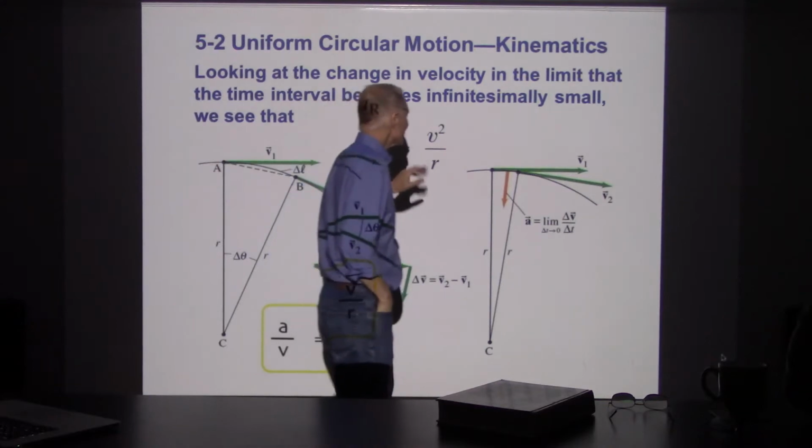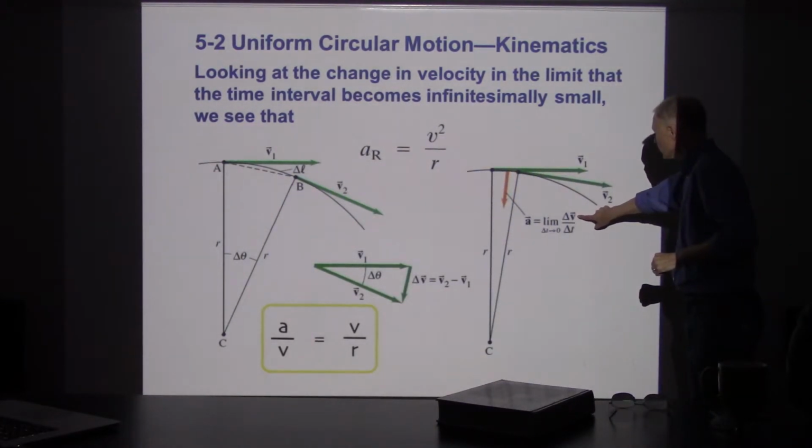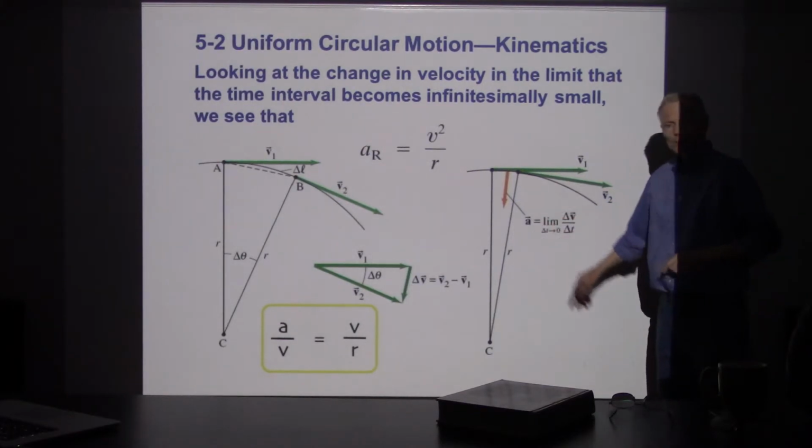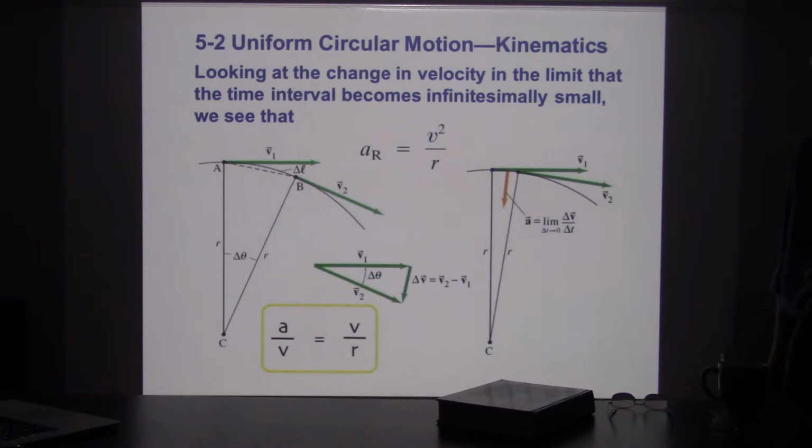Now, why is delta v so important? The direction of delta v is the direction of the acceleration. So if the delta v is sideways, which it is, I'm picking up speed in the sideways direction. That's the direction the acceleration is in.